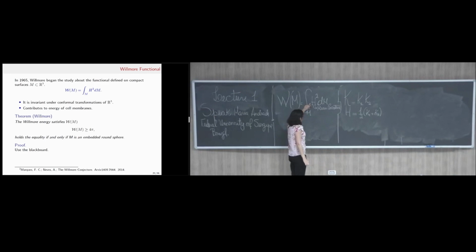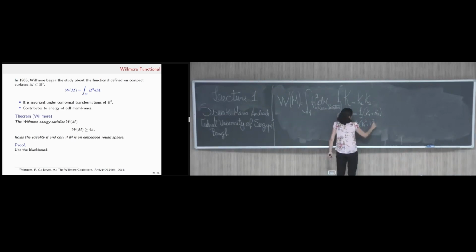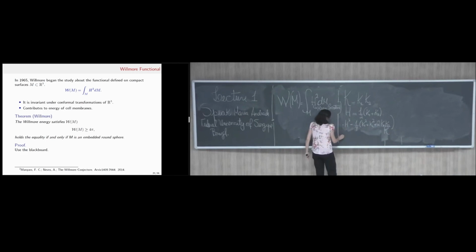So a simple calculation shows that this expression, you can see here the Gaussian curvature, yeah? But I remember a simple fact that for two numbers you always have this inequality, and the equality holds only if A is equal to B.